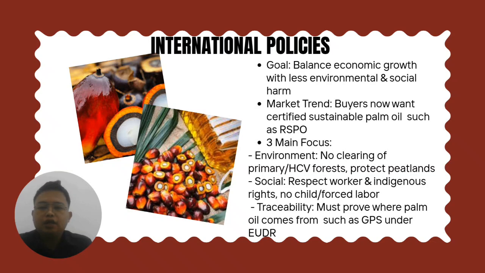First, the environment, which is no clearing of primary forest or high conservation value forests and protecting peatland. Second, social, which is respecting worker and indigenous rights and eliminating child or forced labor. Third, traceability. For example, the EUDR requires exporters to give geolocation data to prove the oil palm did not cause deforestation.